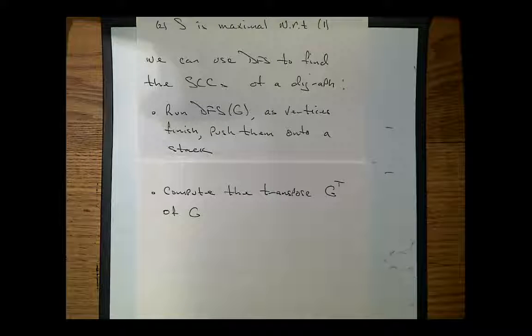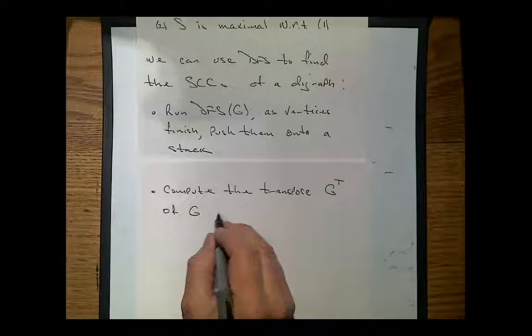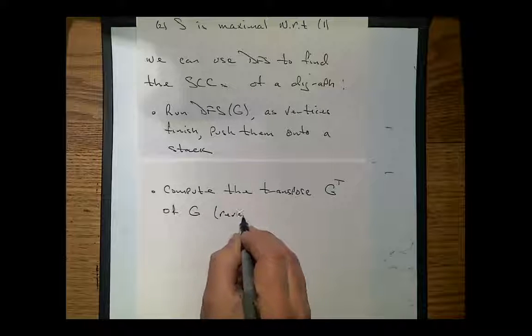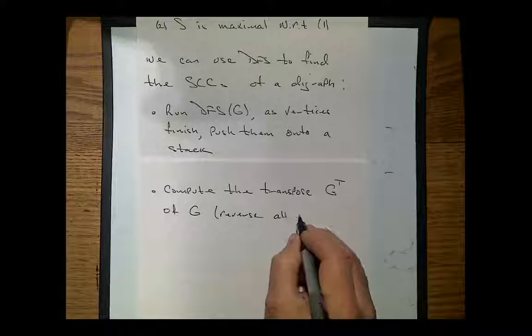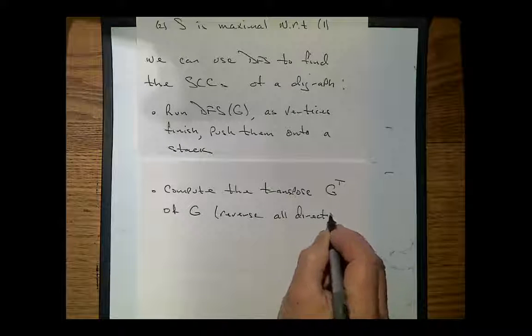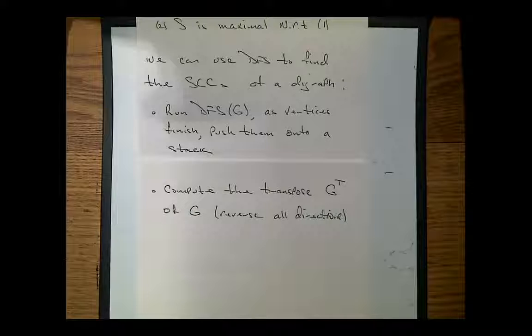Think of it as like an act of vandalism or something. Reverse all directions. So that's a different digraph. That's a new and different digraph, but it's related to the other because it's the transpose. Why is it called the transpose? Look at the adjacency matrix. It's actually the transposed matrix. Transpose the adjacency matrix, and that's the adjacency matrix of the transposed graph.